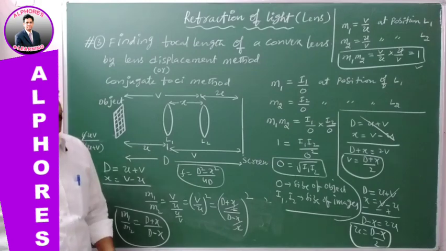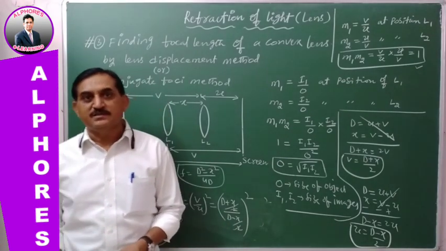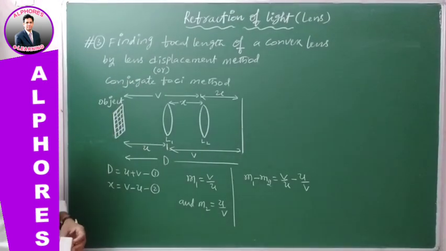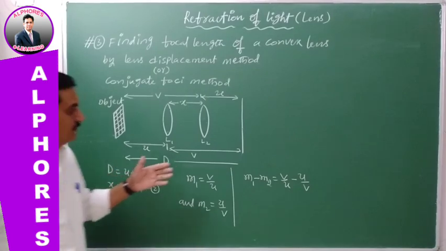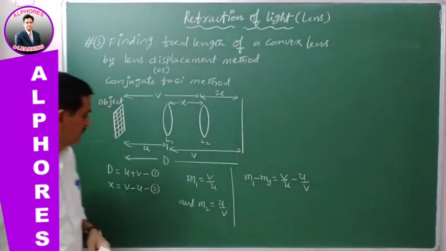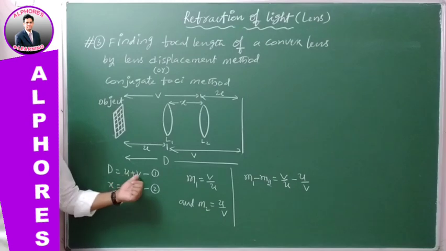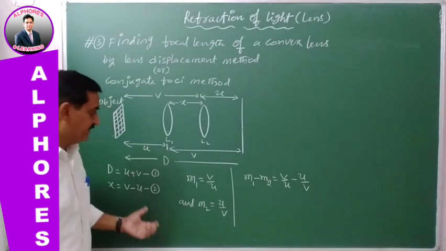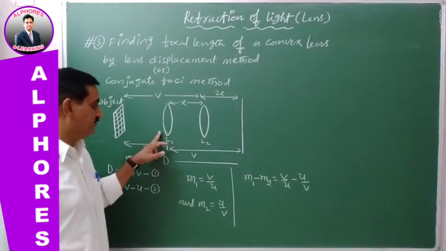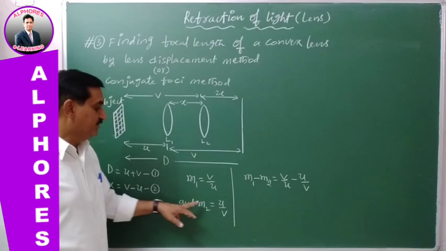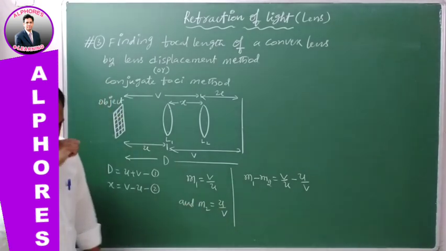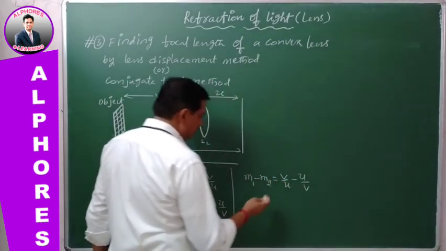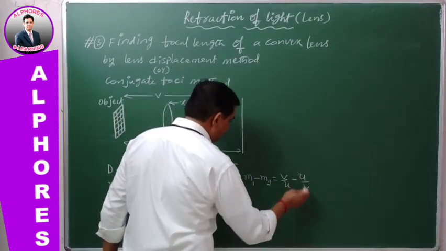Let us go for one more relation, that is M1 minus M2. As we know, D is equal to U plus V from the diagram, X is equal to V minus U, and this is also from the diagram. The magnification at the position of lens L1 and L2 is V by U and U by V. M1 minus M2 is (V by U) minus (U by V).